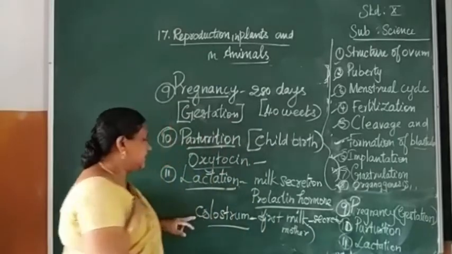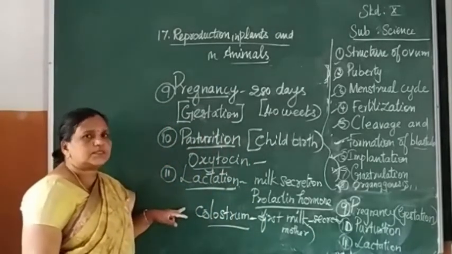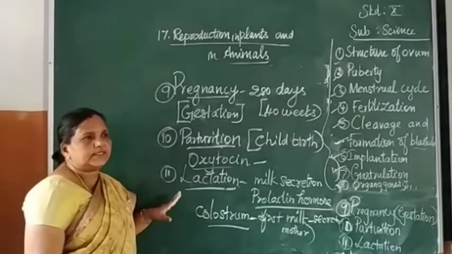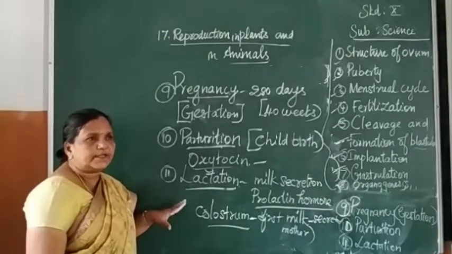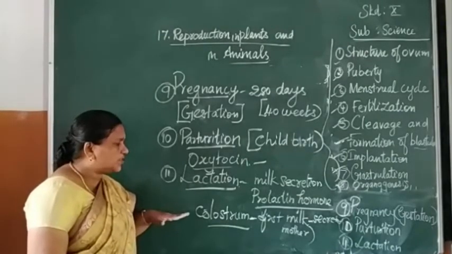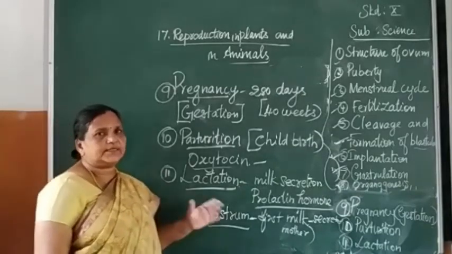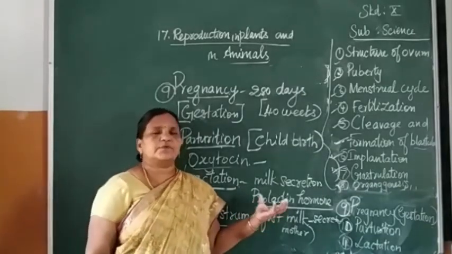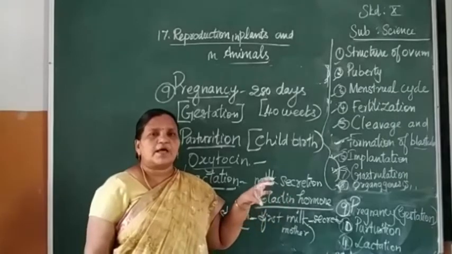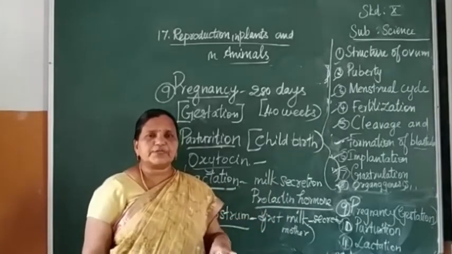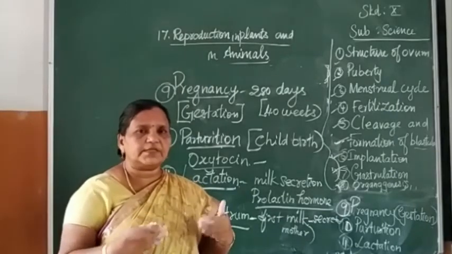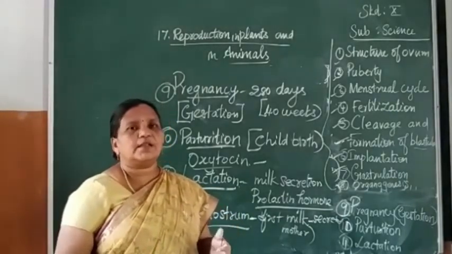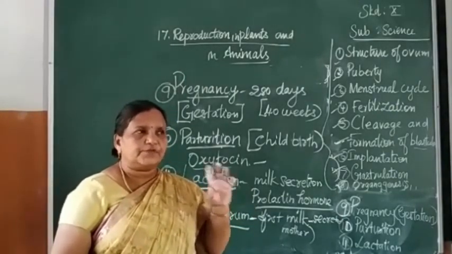What is the speciality of this colostrum? This colostrum contains IgA, that is immunoglobulin A, which is an antibody. This antibody is responsible for the destruction of bacteria. When the baby is fed by the mother, some bacterial infection may be there in the digestive system, because the first time the baby ingests milk, it is very difficult to digest.